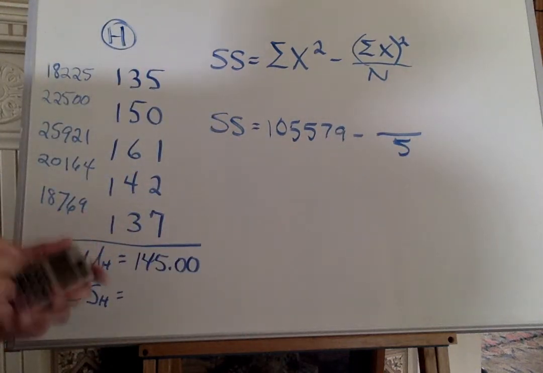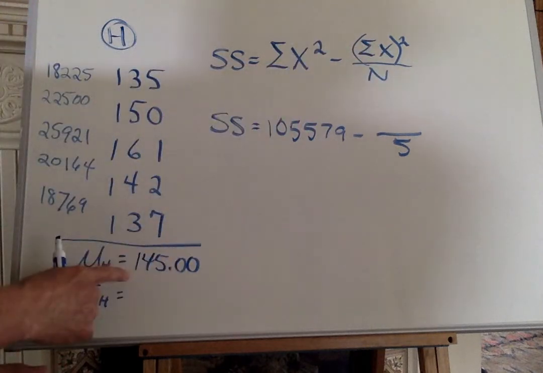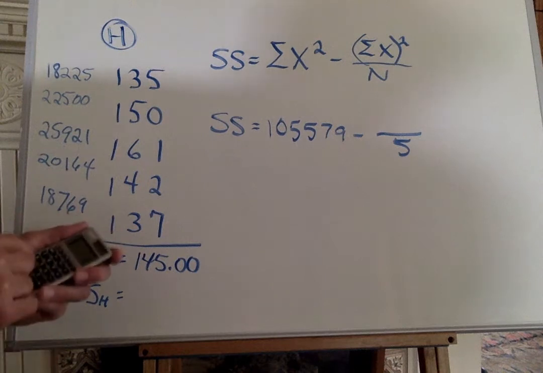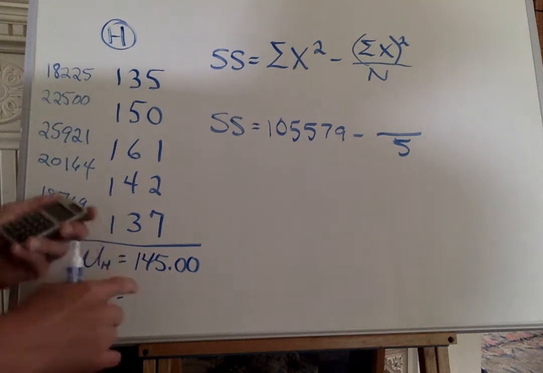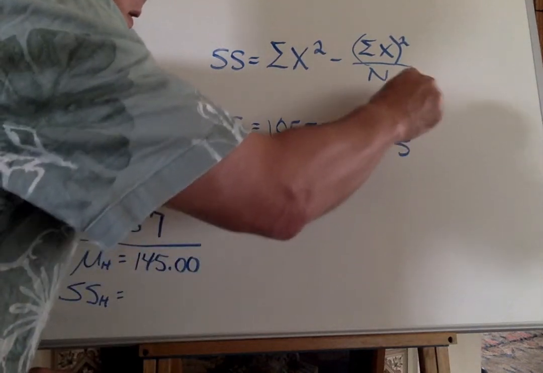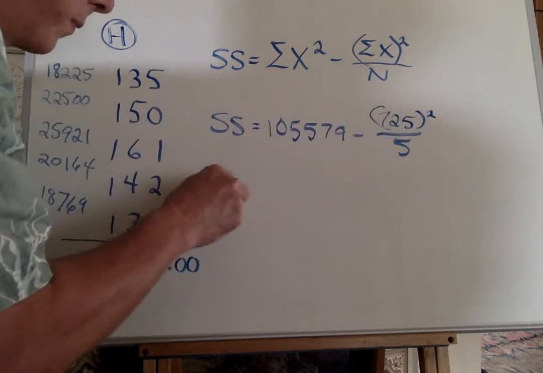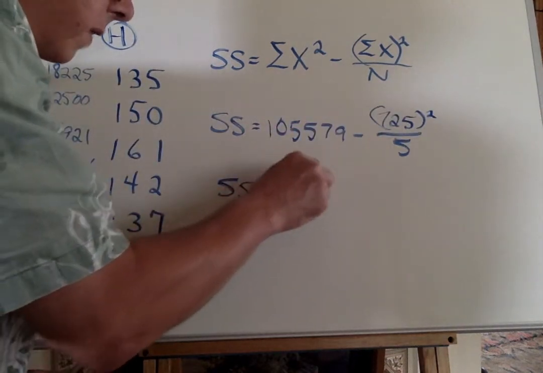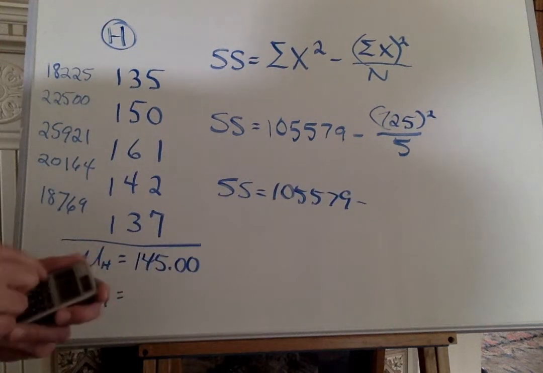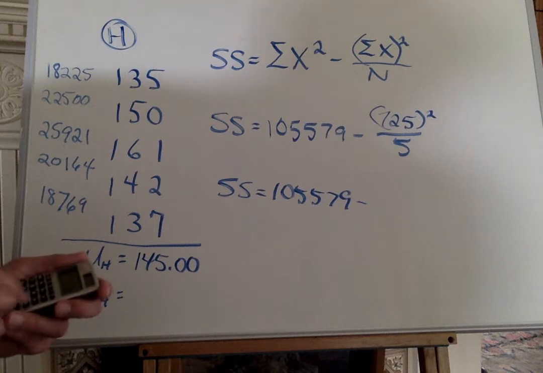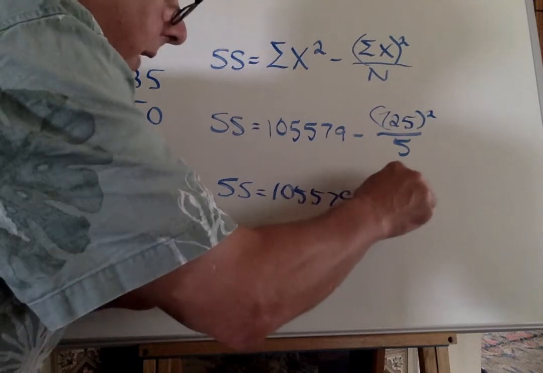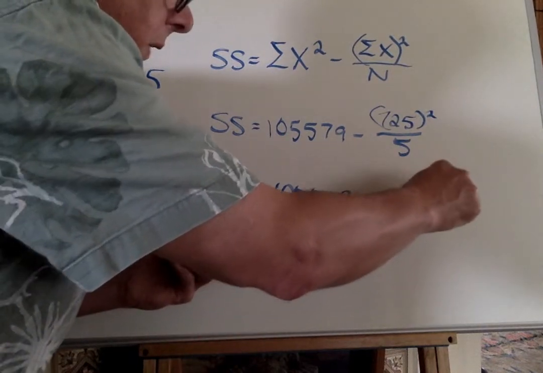And to get the total for the x, I could multiply this by 5, right? I'm not going to go through and add all those up again. Multiply this by 5, which would give me 725 squared. So we have 105,579 minus, let's do 725 squared divided by 5 is 105,125.